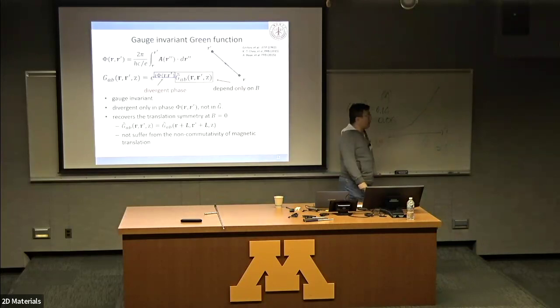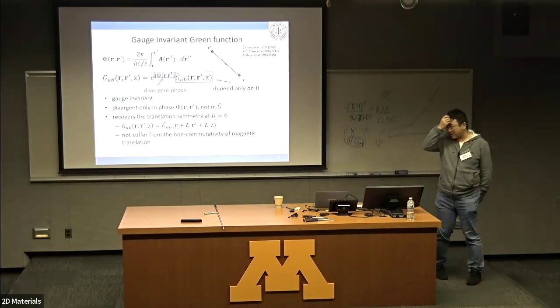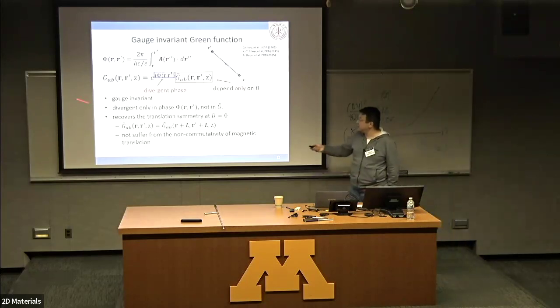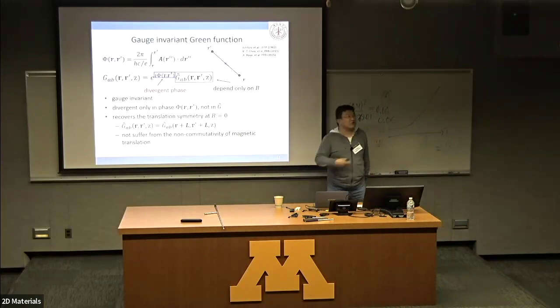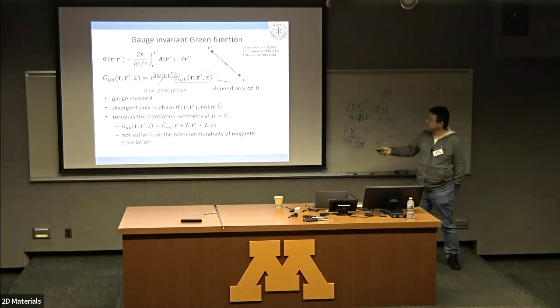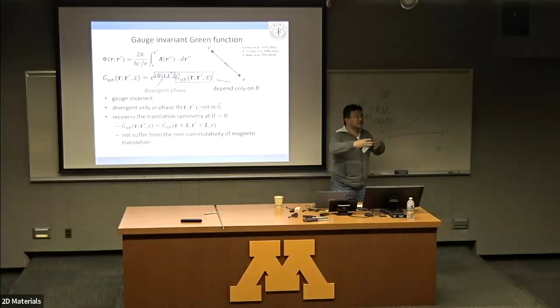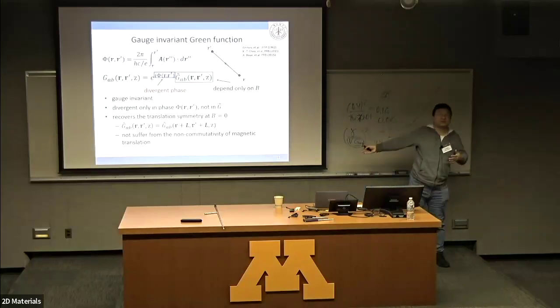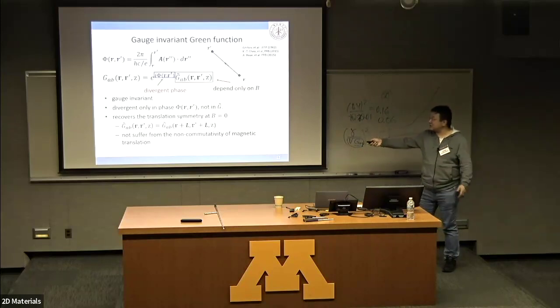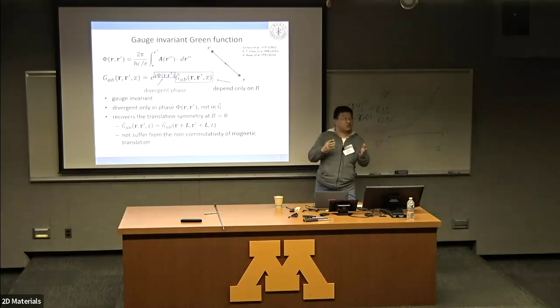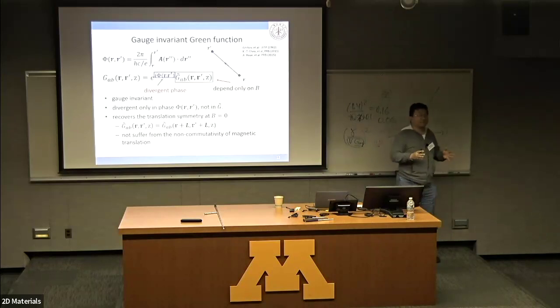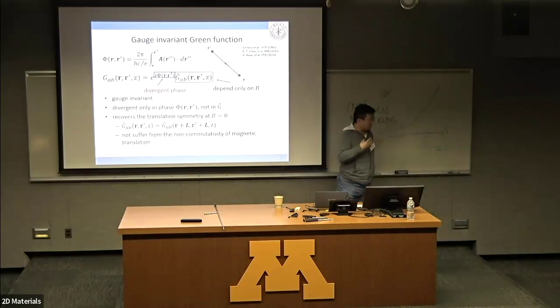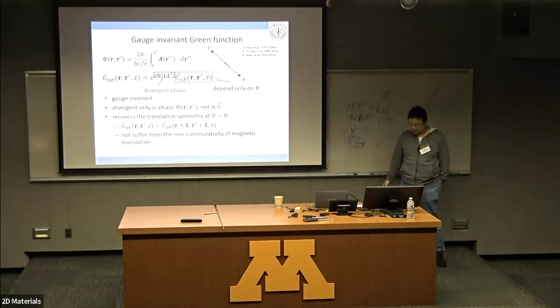Also, if you look at the translation symmetry of G tilde, it recovers the zero field translation symmetry, where L, in a tight binding model, is the lattice constant. This is different from G, which does not have translation symmetry at zero field, but G tilde does. This is a nice property of the gauge invariant Green function.